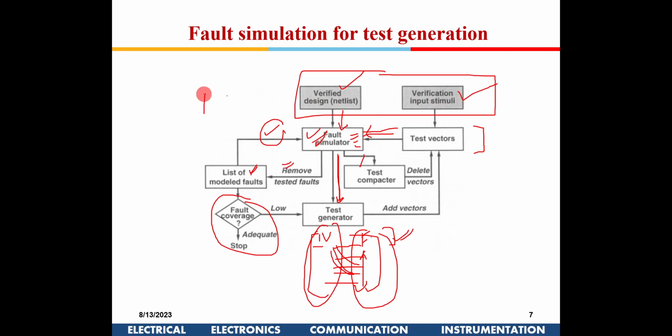We already have a collapsed fault list from the first two classes. We know the fault list, so the fault list is also available with me. Now we are going to cover these, and then the next blocks we will see in the next class.